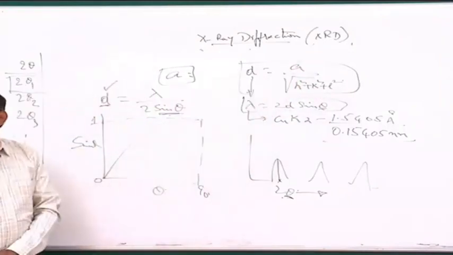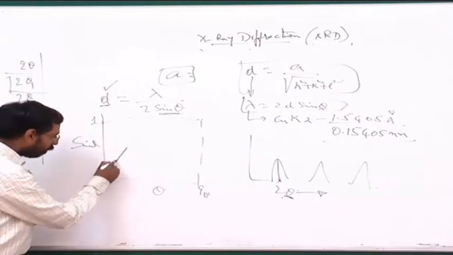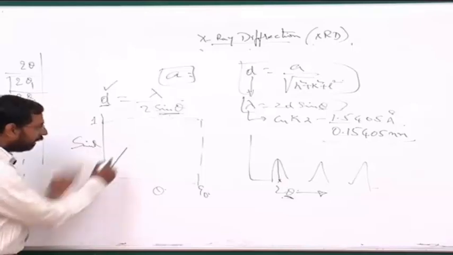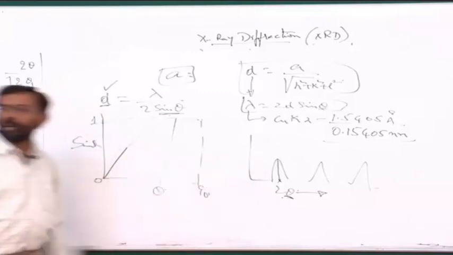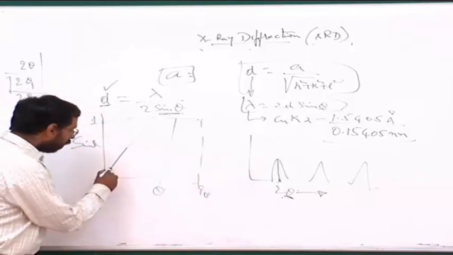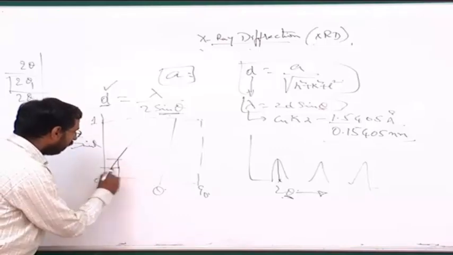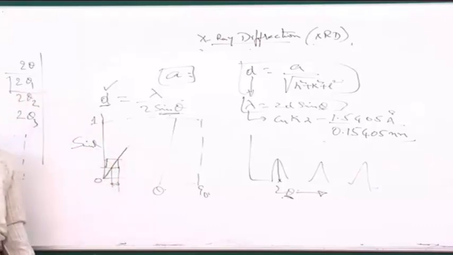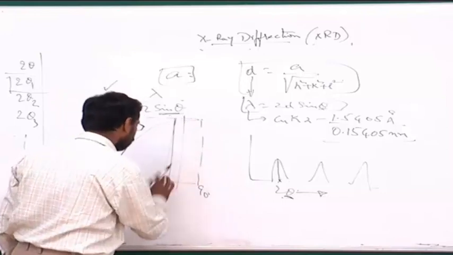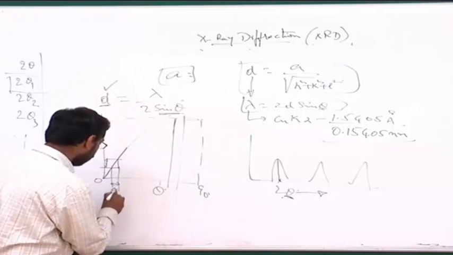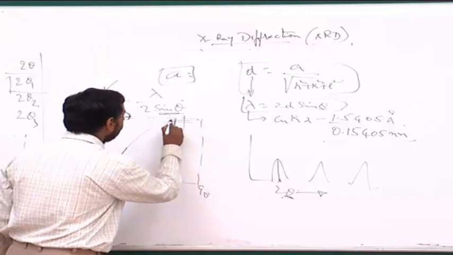And if you have an error in D, if you put this into this equation, you will have an error in A. If you look at these errors carefully, you will see that this particular plot is steeper in the initial domain when compared to this region, which is closer to 90 degrees. So in this domain, a small error in theta will cause a larger error in sine theta when compared to somewhere here, where if I use the same delta theta, the error in sine theta is smaller.